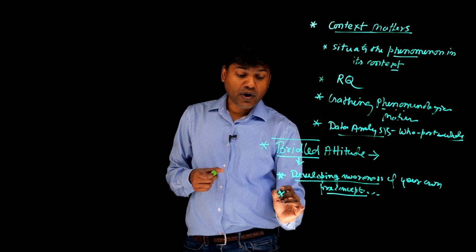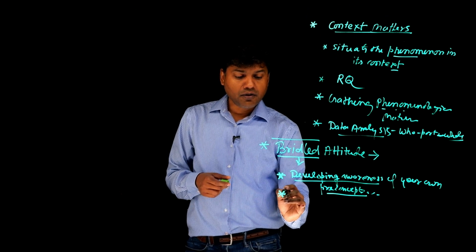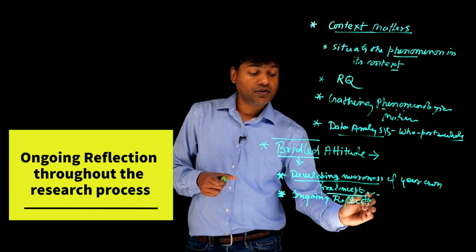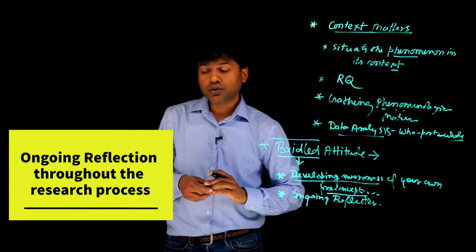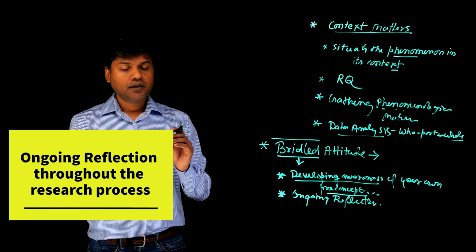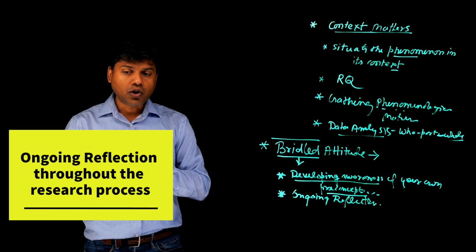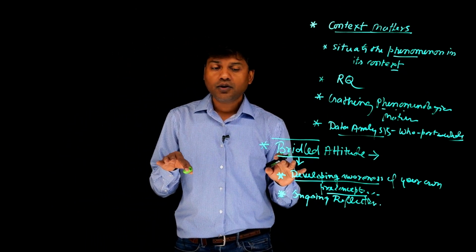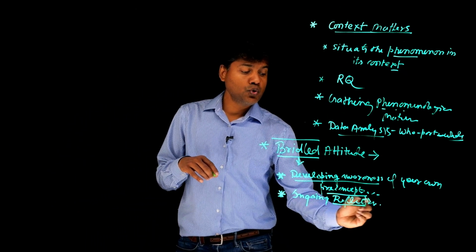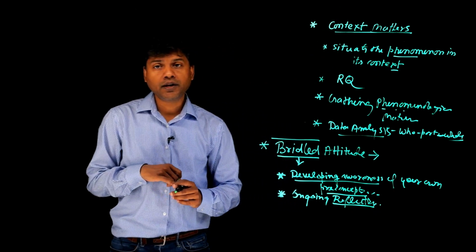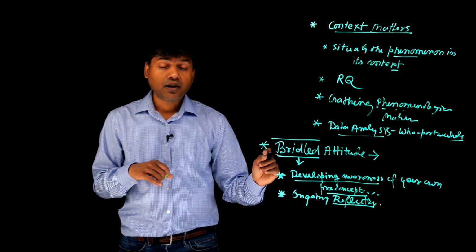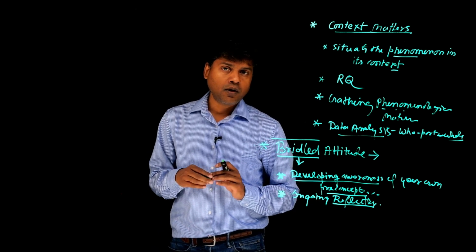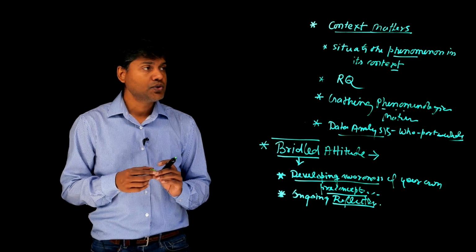So developing awareness. Another method she suggests is ongoing reflection. If you are adopting this approach, you have to be reflective across the whole research process. It's not like you are doing this reflection only when you are writing your field notes or your memo. It's like a way of being a phenomenological researcher under this approach.